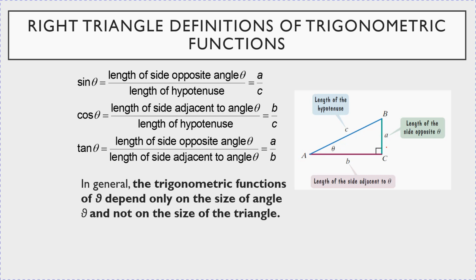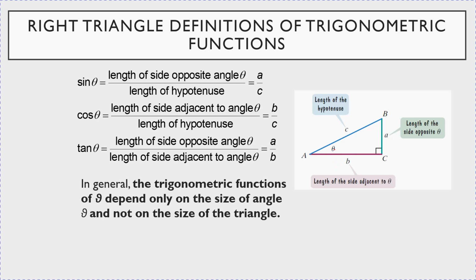Then we have the right angle, denoted with C, and the letter C represents the length of the hypotenuse of the right triangle. The hypotenuse is always opposite the right angle. Over here we have B. This angle is not denoted, but lowercase b is the length of the side adjacent to angle theta.